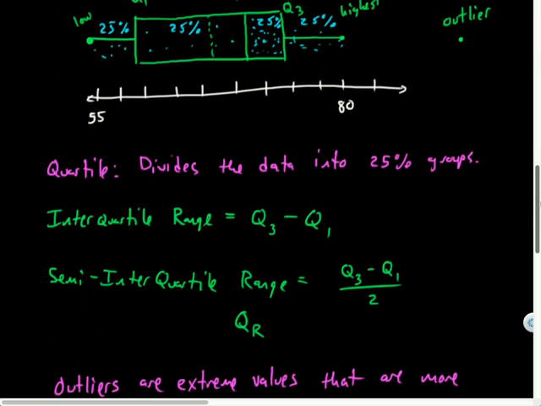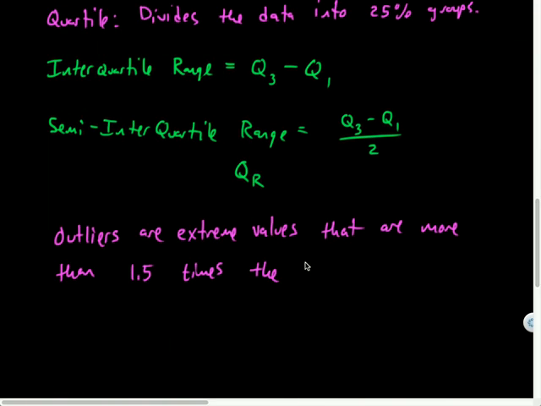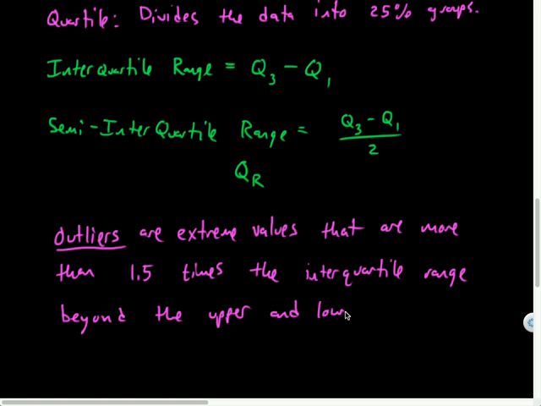Okay, oh, I was mistaken. I thought it was going to be the semi-interquartile range, but no, it's 1.5 times the plain old interquartile range, beyond the upper and lower quartiles. Or upper or lower, technically, because it won't be both.